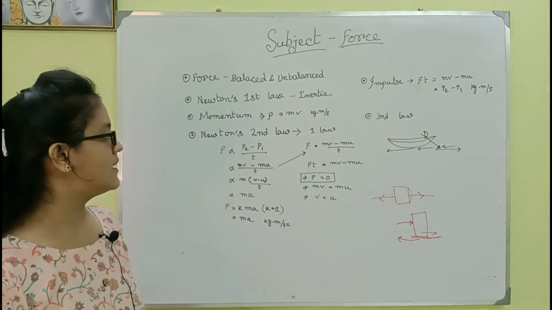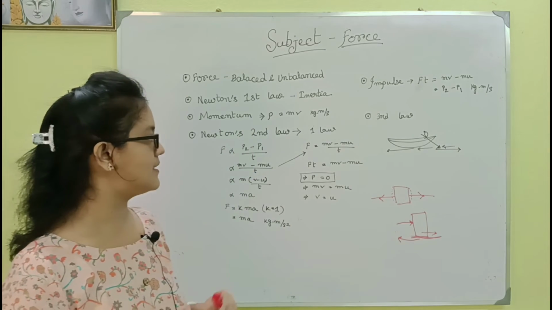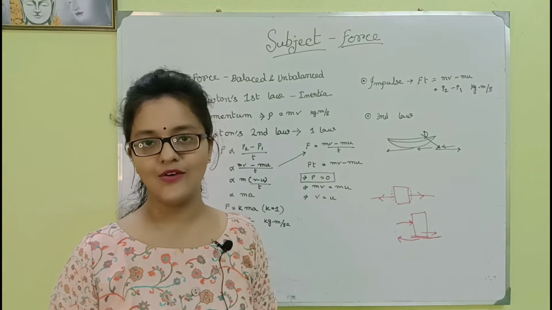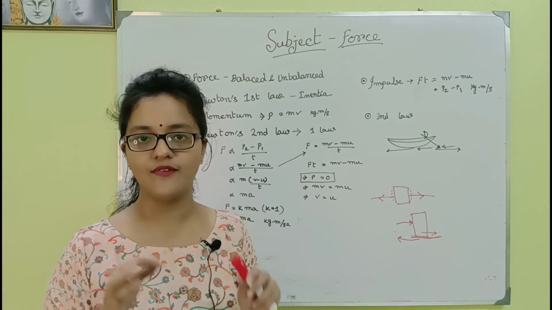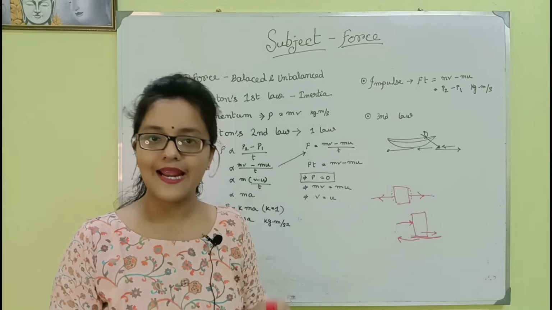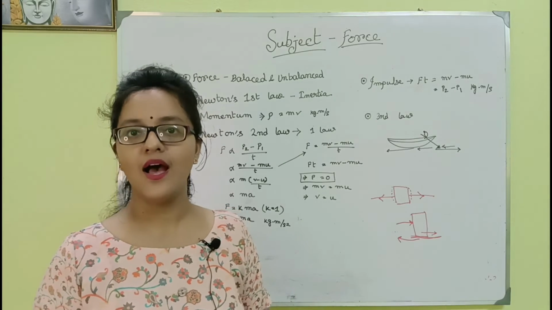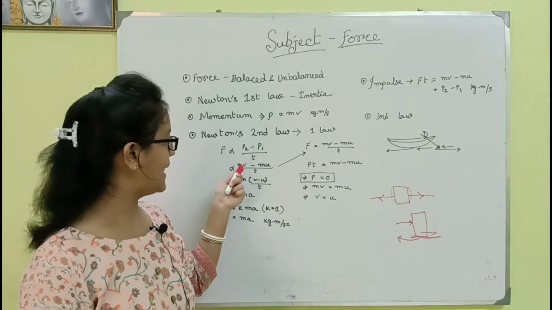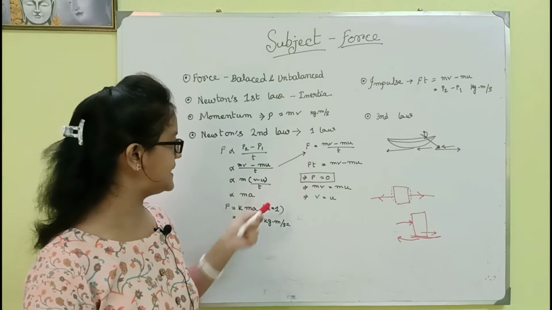This is all about Newton's second law. Now what is the fundamental feature of the second law? From the second law we can get the idea of the first law. How? From this part, F is equal to mv minus mu by t.